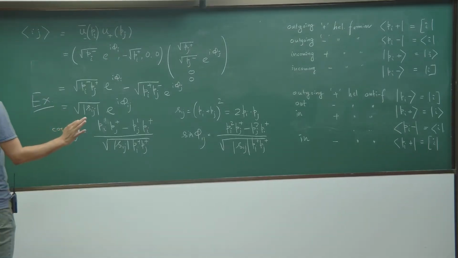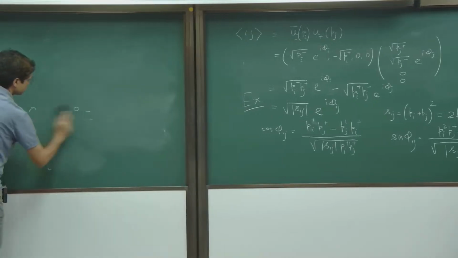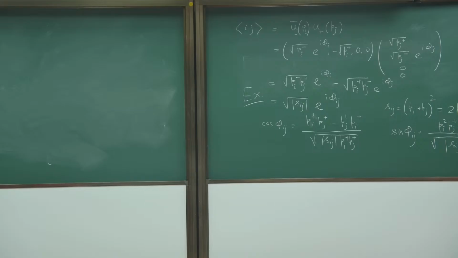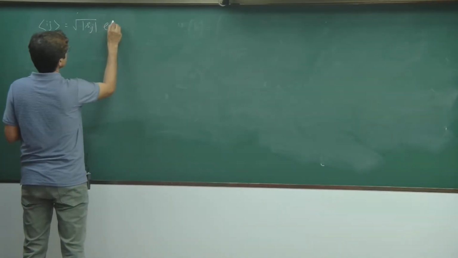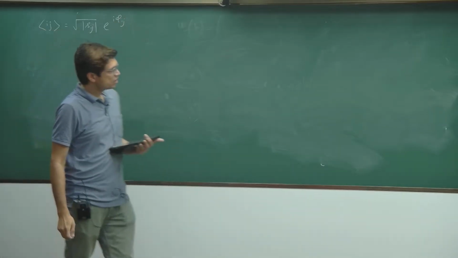So the main point is that this ij angle is basically square root of S_ij e^{i phi_ij}.